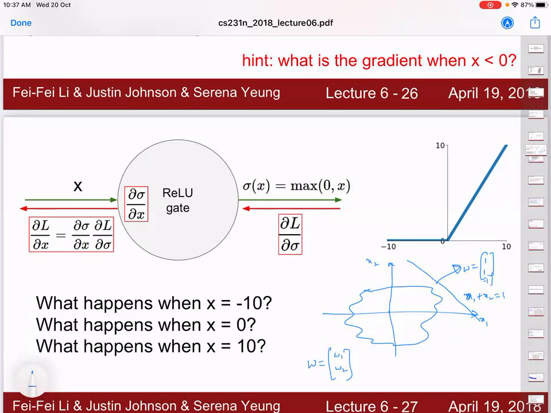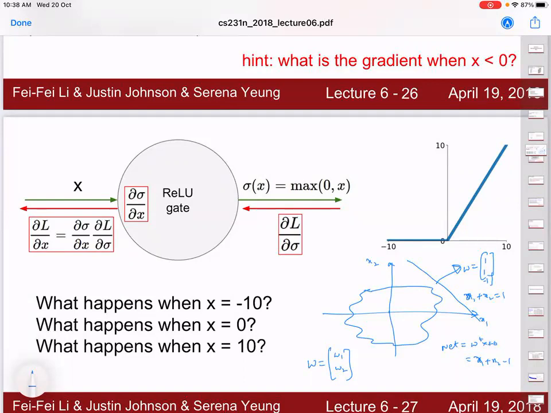Now the net value here, net value means W transpose X plus B, is equal to x1 plus x2 minus 1. Now we want to see, if we use the ReLU activation function, is there any drawback when we have the data placement like this and the initialization like this?